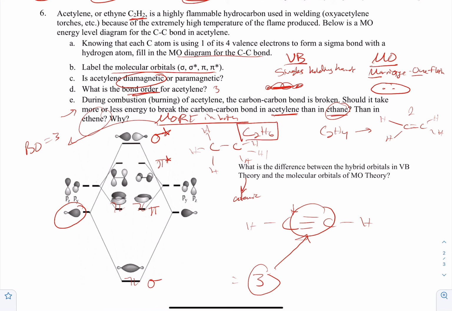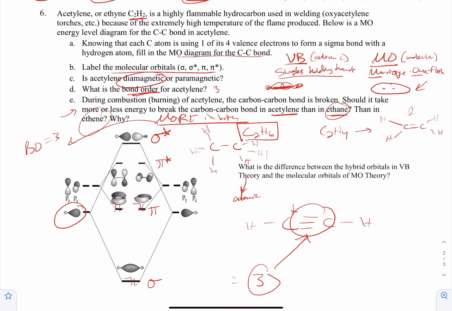And so in valence bond theory, we're talking about atomic orbitals, where in molecular orbital theory, obviously we're talking about molecular orbitals. And that's really the hugest difference between the two. And it ends up being a lot more accurate when we're talking about molecular orbital theory. So it's really interesting that we end up understanding molecules in terms of the MO theory instead of the VB theory.